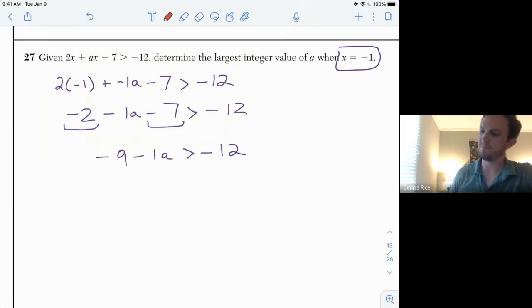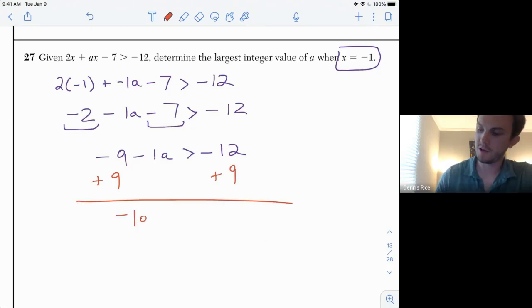Okay, now what? Move the 9, be more specific. Good, add 9 to both sides, we get -3. Are we done? Looks like a is by itself.